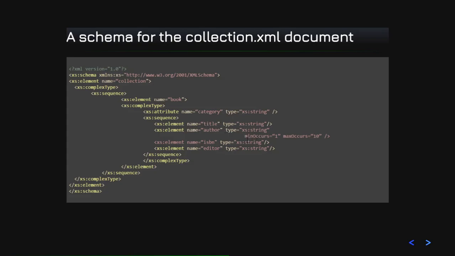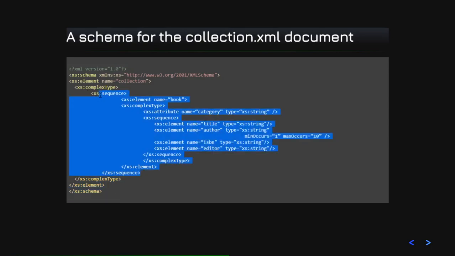And for this author, we also have some attributes here, meaning that there should be at least one author and maximum 10 authors. And then this complex type is closed here, and this element is closed here, and the sequence is closed here.